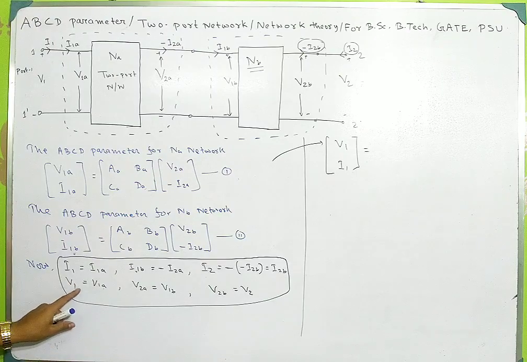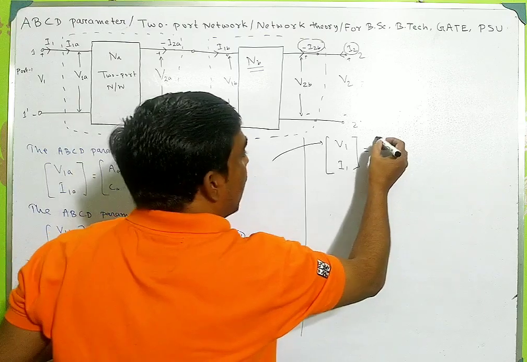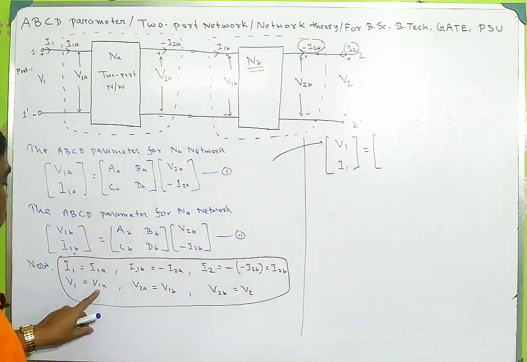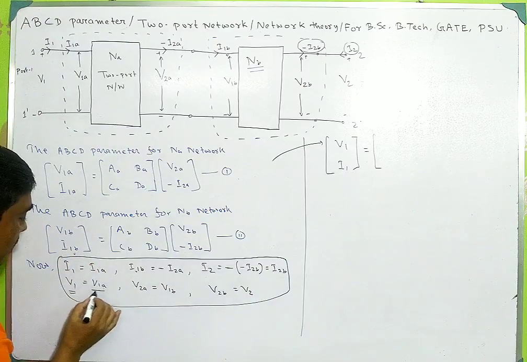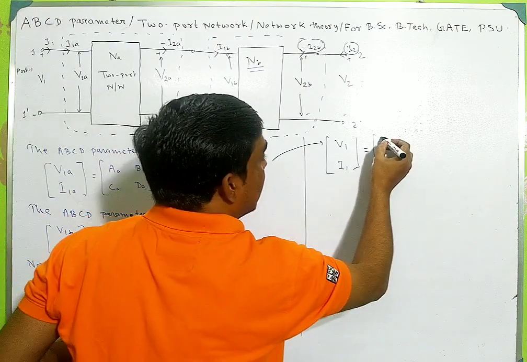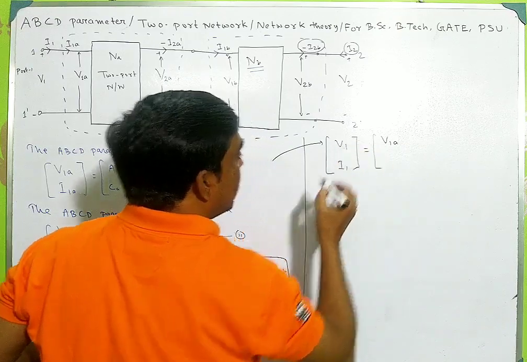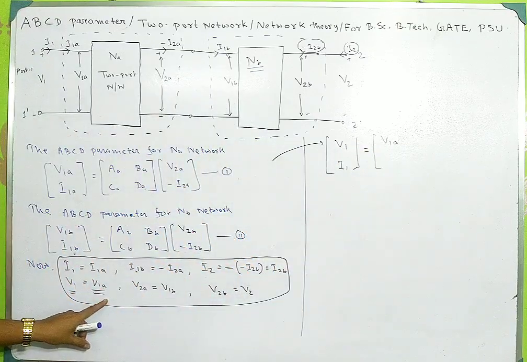Now V1 can be written as V1A from this equation. So I can write V1A in the position of V1.